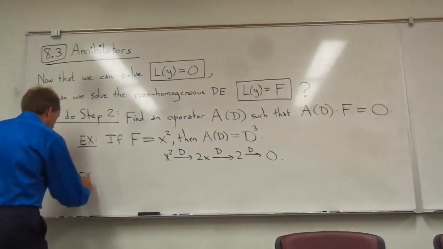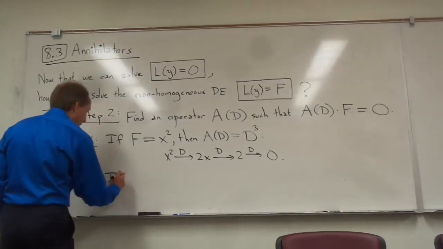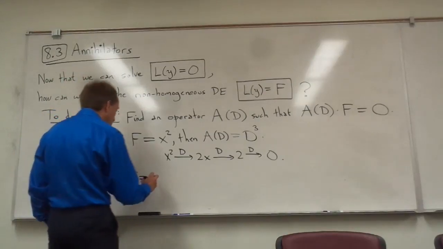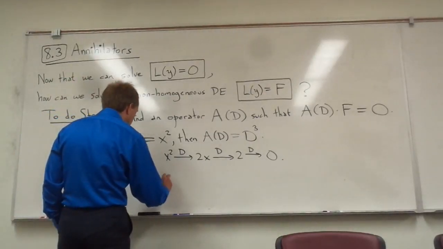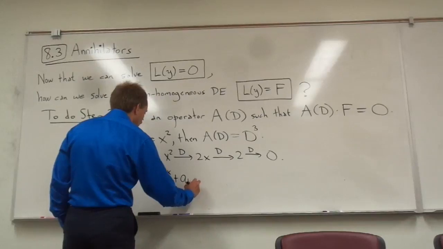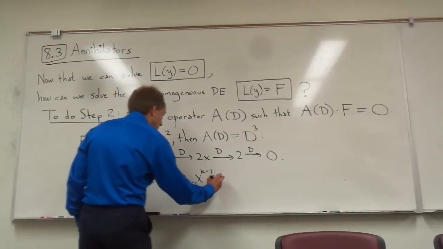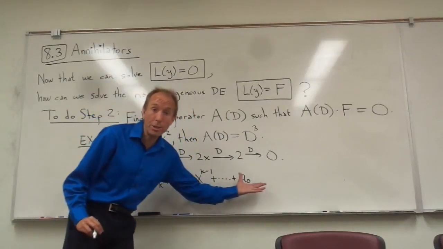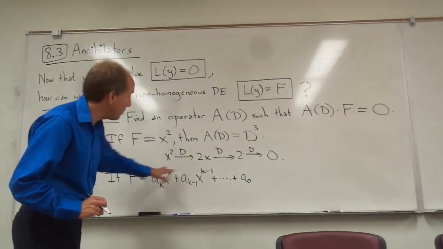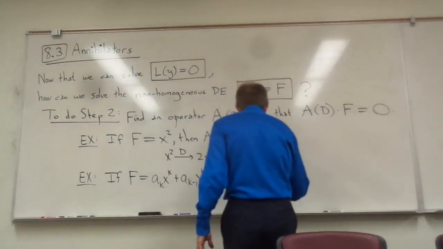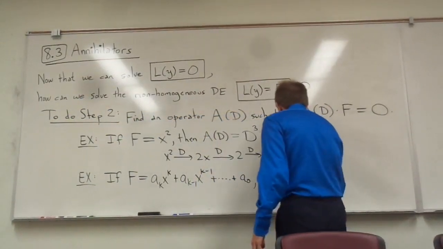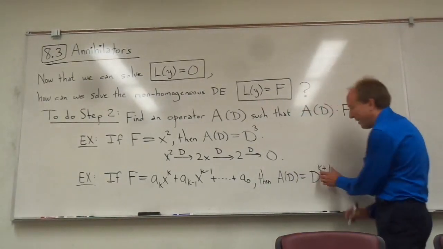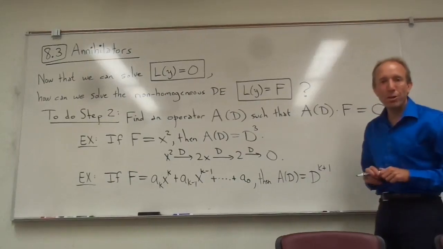In fact, you probably could figure out more generally that if capital F is equal to a sub k x to the k plus a sub k minus 1 x to the k minus 1 plus dot dot dot plus all the way down to a naught, if I have any polynomial on the right-hand side, then the annihilator of that would just be to take one more derivative than the degree of that polynomial.